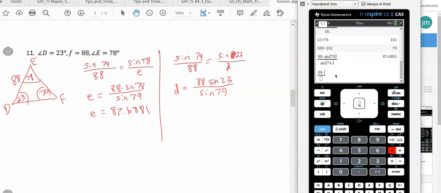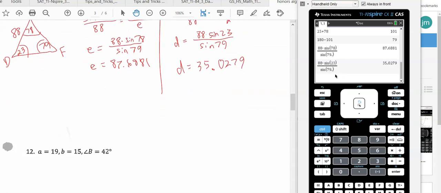So 88 times sine of 23 over sine of 79. So we get lowercase d is 5.022.